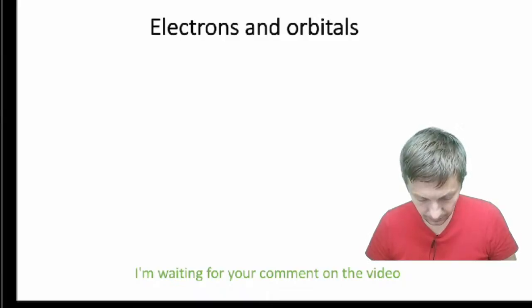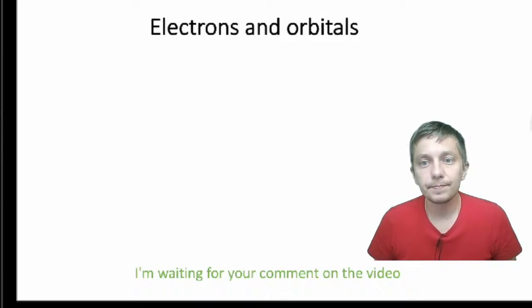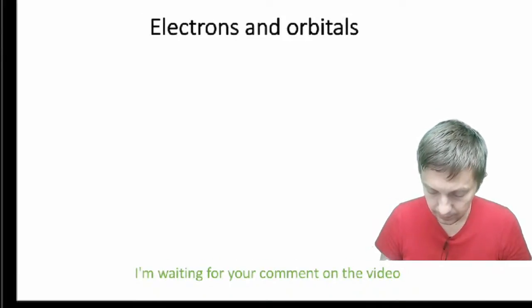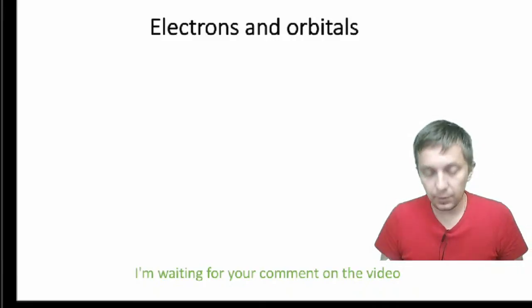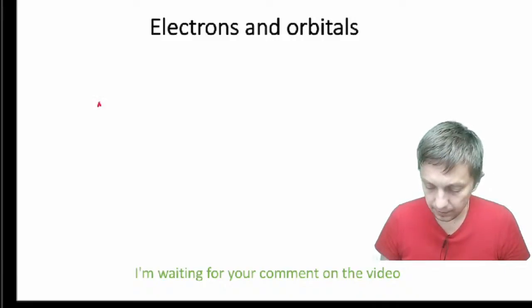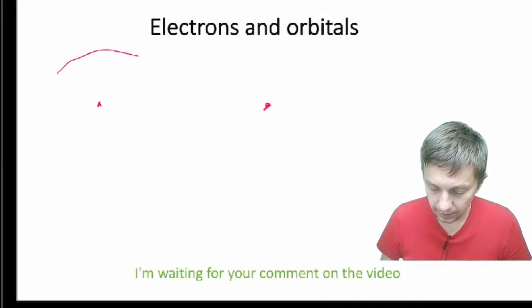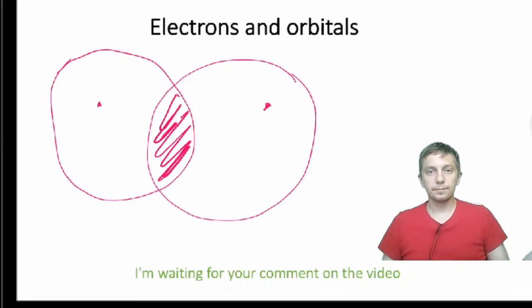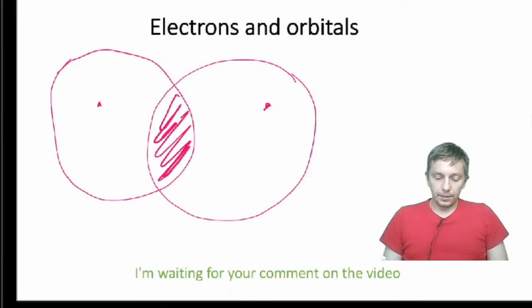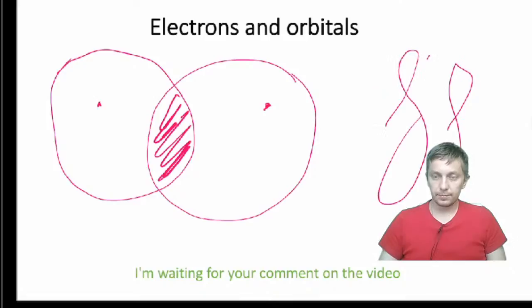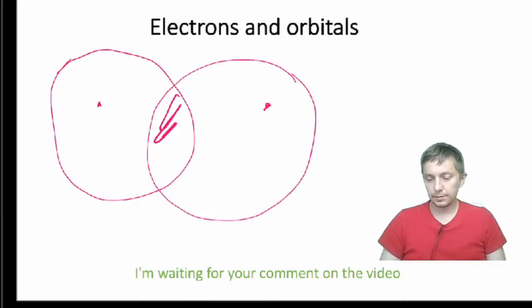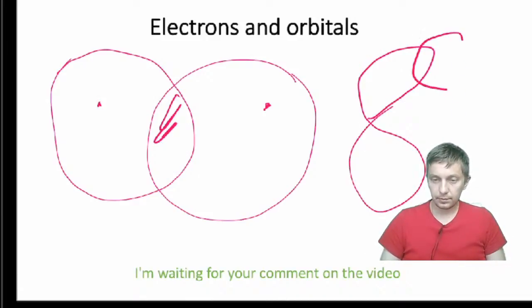And we have double bonds, and we're dealing with triple bonds. If we have one atom and another atom, their electrons overlap, and we get bonds. And if we have p orbitals and they also overlap, it can also cause bond formation.